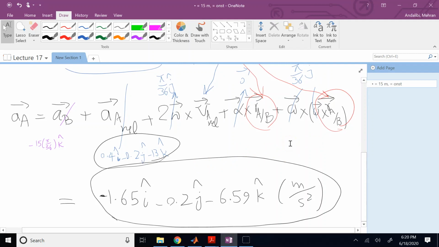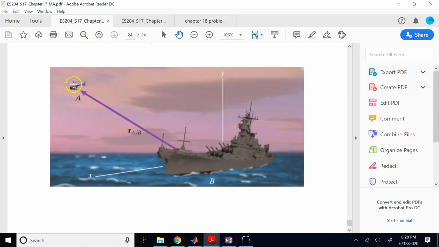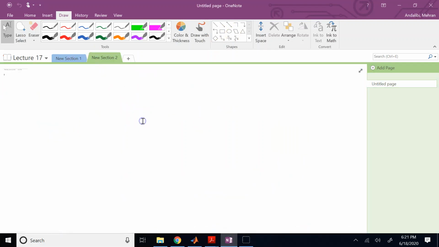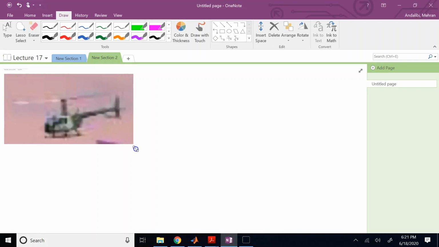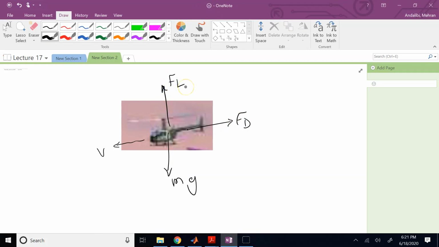Okay, so now, just as a final thing, just want to remind you one more time, if now you have the picture of the helicopter, and somebody says, could you draw the free body diagram of this helicopter, and then study the forces acting on it, which is like gravity, and then if it is moving in this direction, then you have the drag force, and then you have the lift force, right?